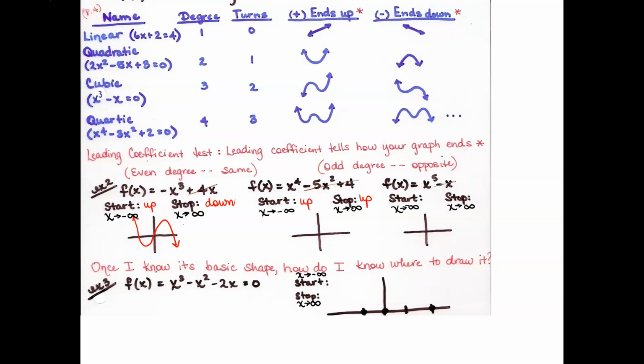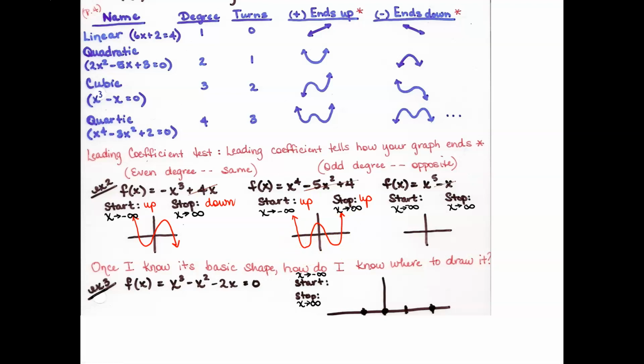And then how many times should it turn? 3, because again, the degree is 1 more than the number of turns, right? So it should turn 3 times. So I'm going to start up, I'm going to turn 1, 2, 3 times, and I'm going to stop going up.